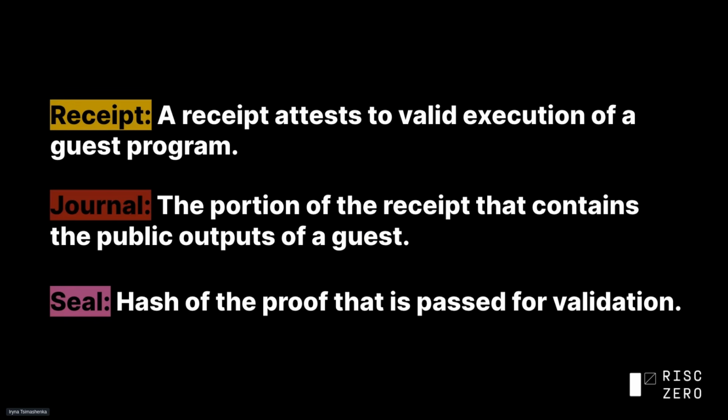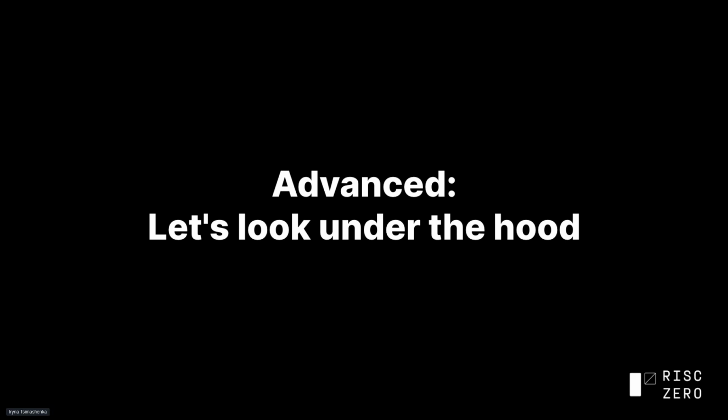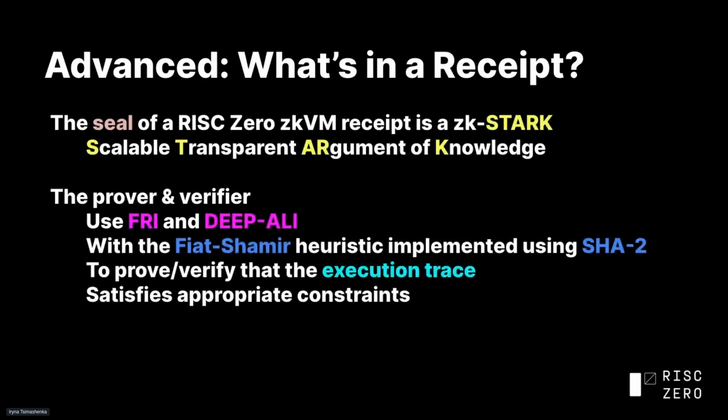So let's look a bit under the hood. What's in the receipt? This is the ZK STARK, the part that is the seal. Brian mentioned that we use ZK STARKs.